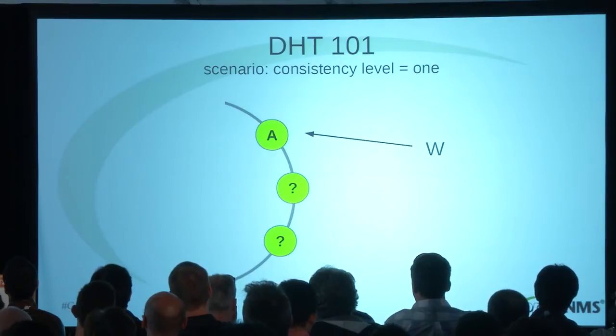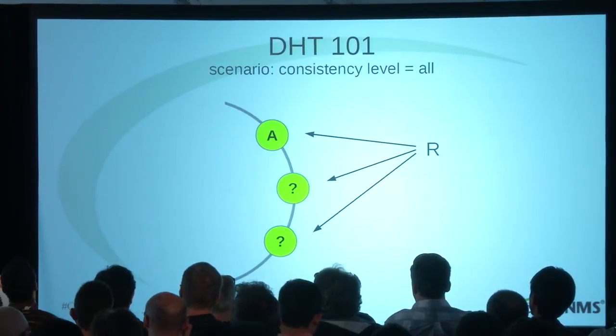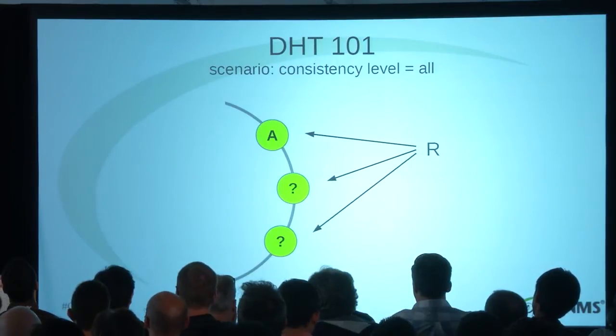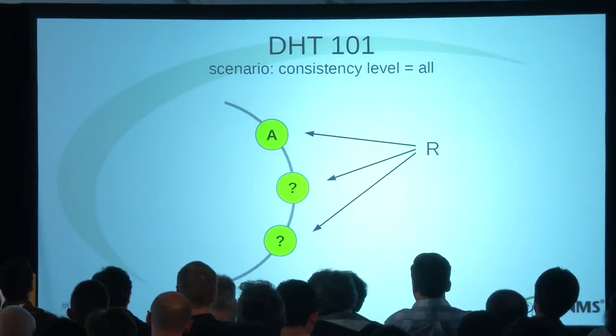So if we did a low consistency write like this, we might follow it up with a high consistency read, a read of consistency level all, at which point we'll find the most recent value if there's any inconsistency.